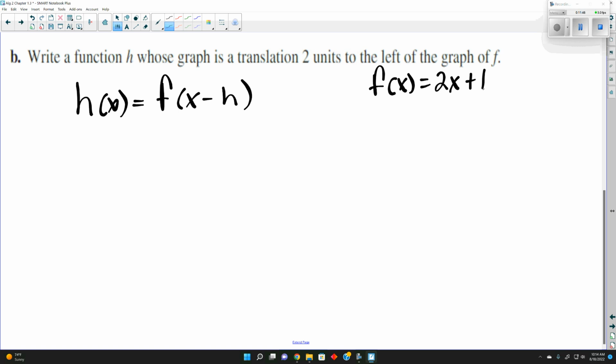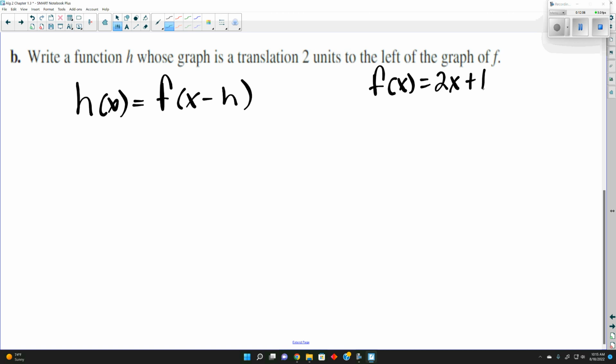You don't have to rewrite that. I'm rewriting it because my screen doesn't include the first problem. Your paper still does. So I'm putting it up there again so we can still see it on the board, since the board is now thrown above it. But I know on your paper you can still see the function right there.